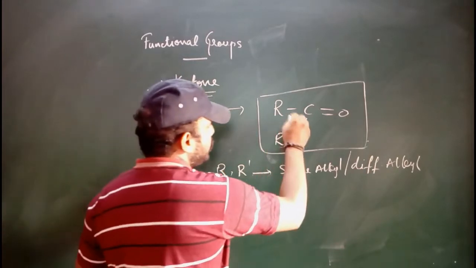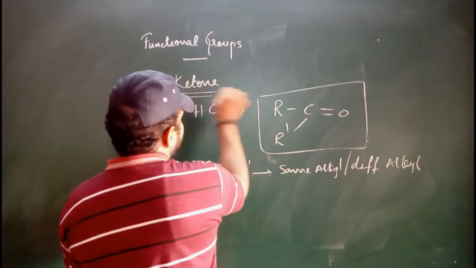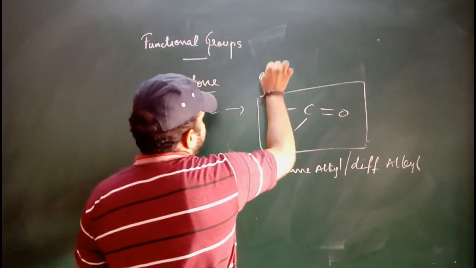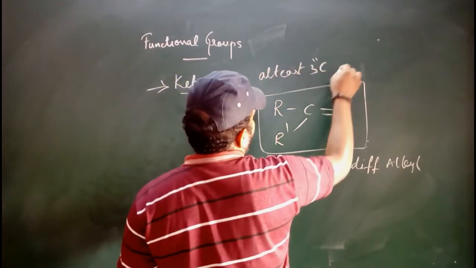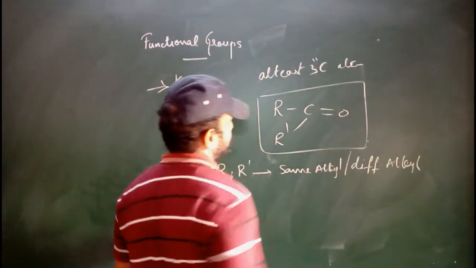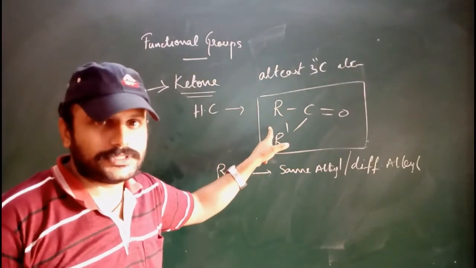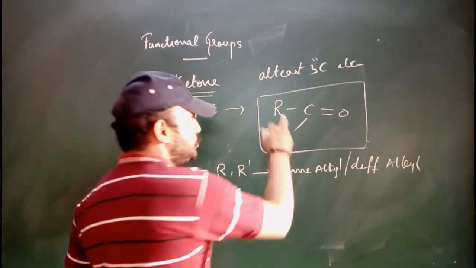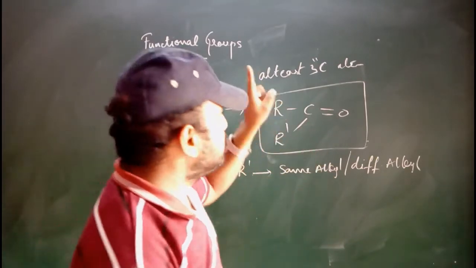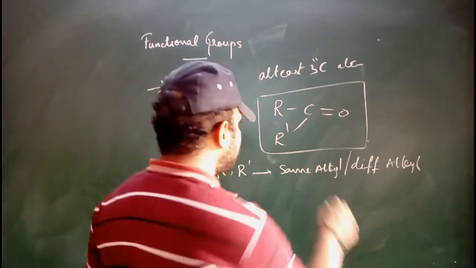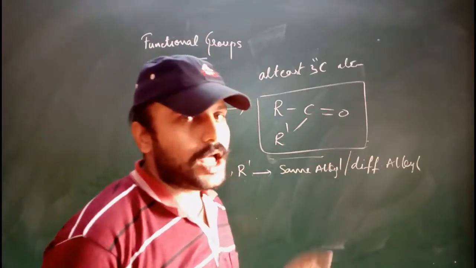Okay. So here what we can say is that to become a ketone, at least 3 carbon atoms should be present. Here alkyl means what? Hydrocarbons. In that also carbon is present. So one carbon, one carbon, one carbon. So to form a ketone, at least 3 carbons should be present. What is the general molecular formula for ketone?